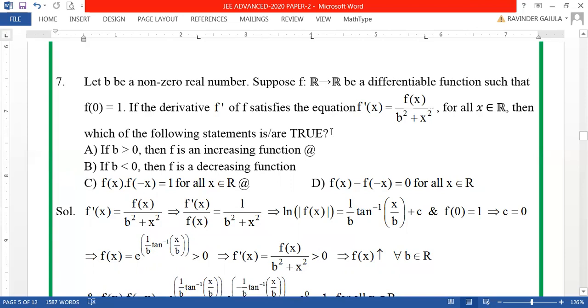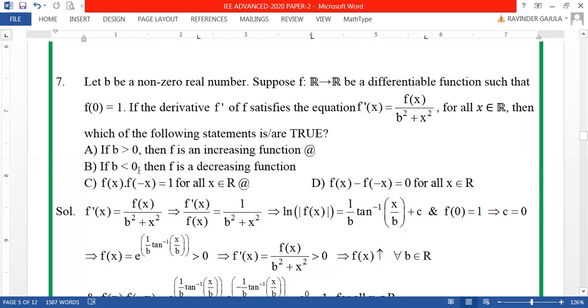Dear friends, as usual I will request everyone to read the question thoroughly and read the options thoroughly, then go for the solution. Here f is R to R, a differentiable function, and f dash denotes the derivative of that, and f dash x is f of x by b square plus x square for all x belongs to R. Then the options given are: if b greater than 0, then f is an increasing function.